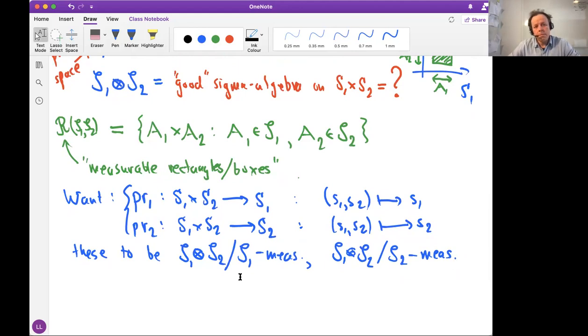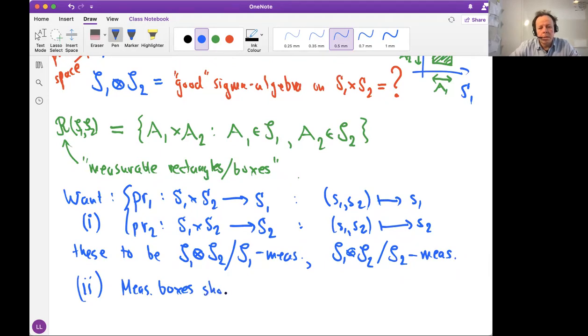What else could we want? So this could be wish list item 1, item 2, and the wish list should be maybe that measurable boxes should be measurable.